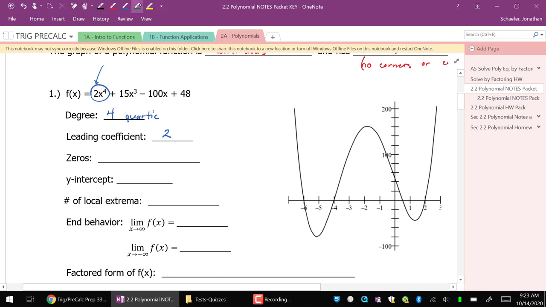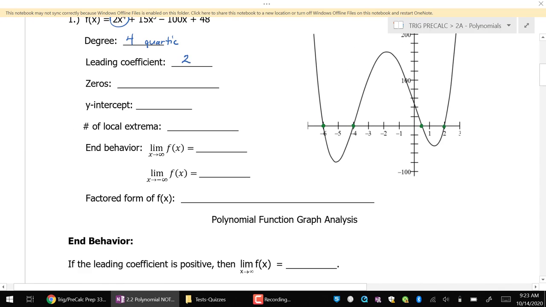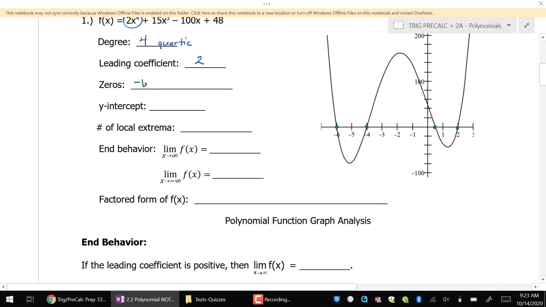So let's go to the picture and try to pinpoint the zeros. Looks like there are 1, 2, 3, and 4 total zeros. So we'll write them down: -6, -4, +1/2, +2. And the y-intercept would be right about there at 50.